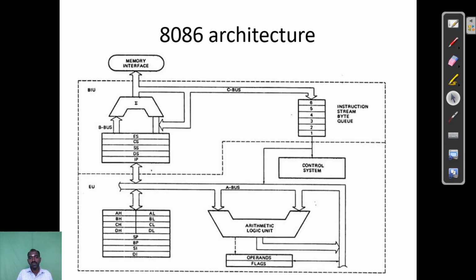This diagram indicates the 8086 architecture. The 8086 architecture is called pipeline architecture. It consists of 2 functional units: the bus interface unit and the execution unit.